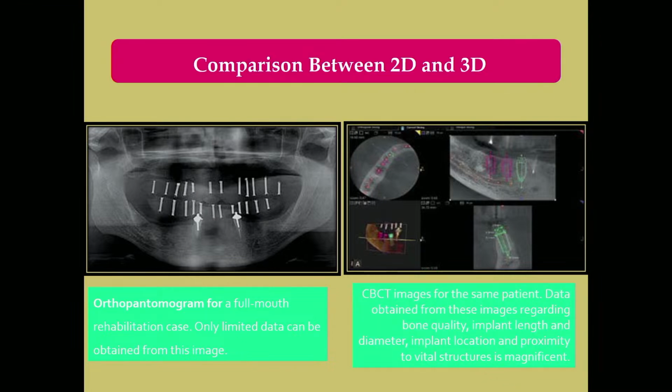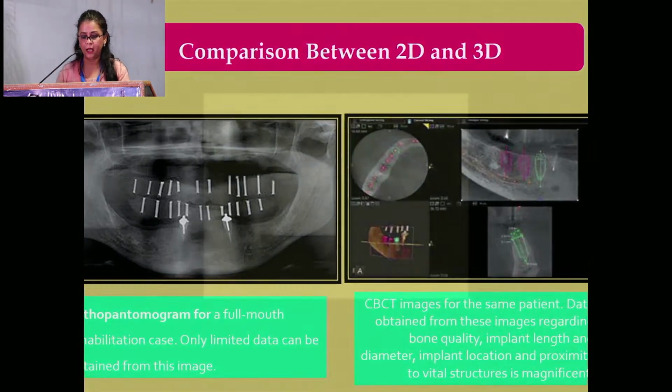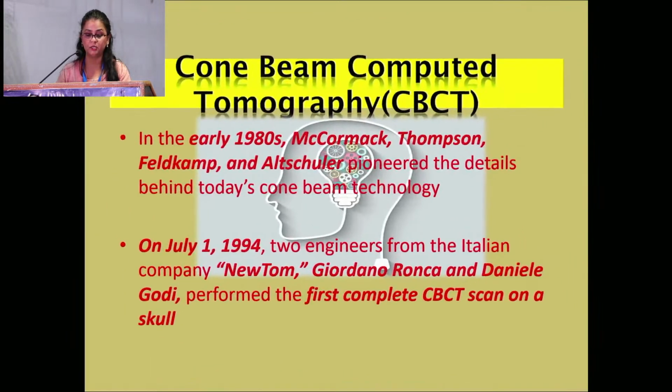And with CBCT, as far as the implant is concerned, you are able to see the quality, the quantity, and the dimensions of the implant position with the nearest anatomic structures, which are very important, whether it's the inferior alveolar canal, the mental foramen, the incisive foramen, the floor of the maxillary sinus, or the nasopalatine canal. This is a recent technology that has revolutionized the delivery of healthcare around the world and improved the lives of a number of people and clinicians.